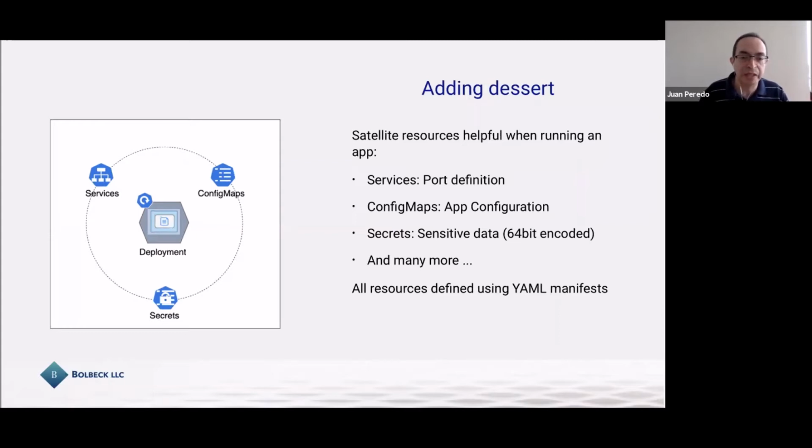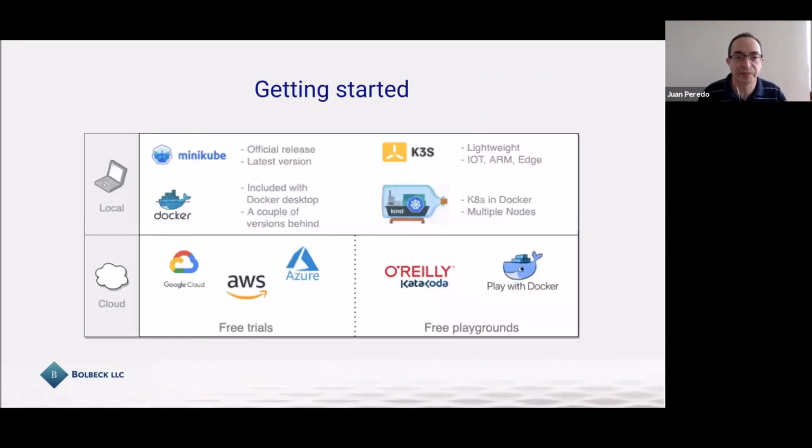You also have secrets where you can store sensitive data, which in Kubernetes, that's 64-bit encoded rather than encrypted. So keep that in mind. And there's many more types of resources that you can create. But any resource you create in Kubernetes will be in the way of YAML manifests, which are basically text files.